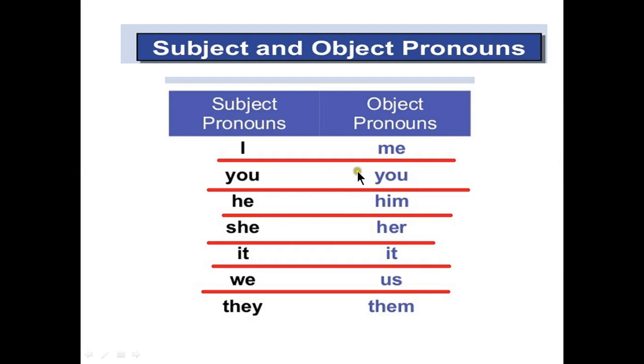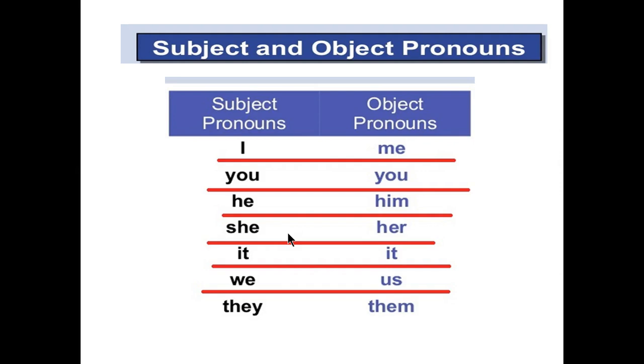The words like you and it are also used as both subject and object pronouns. Then how do you know whether it is subject or object? You have to read the sentence first of all. For example, the teacher gives you a new lesson. In this sentence, you is an object pronoun.